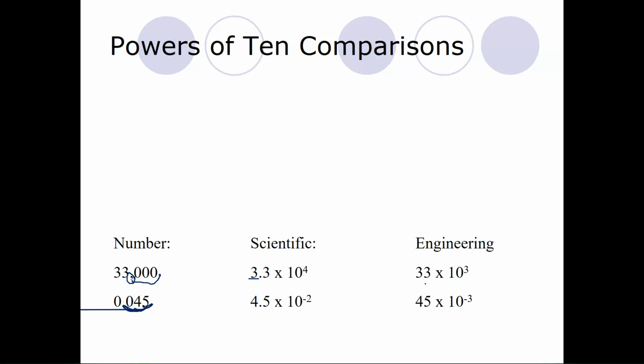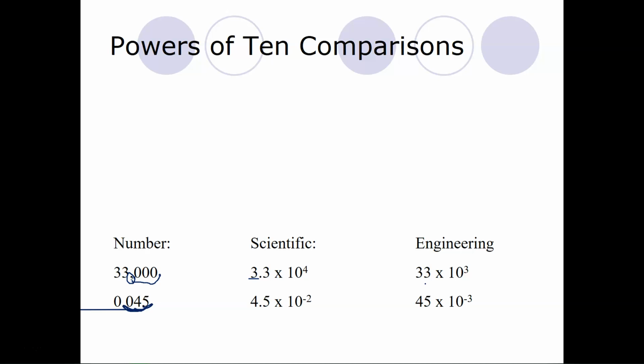So that's how you end up with 45 times 10 to the negative third. That kind of makes sense to everybody? Okay. Just trying to make sure I don't lose anybody in the run here.